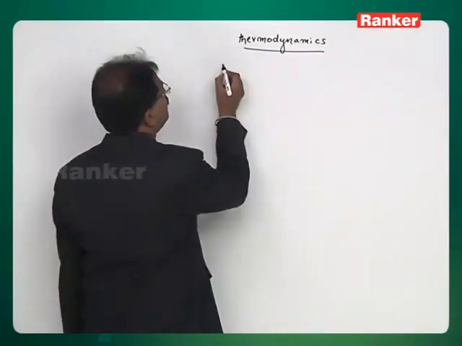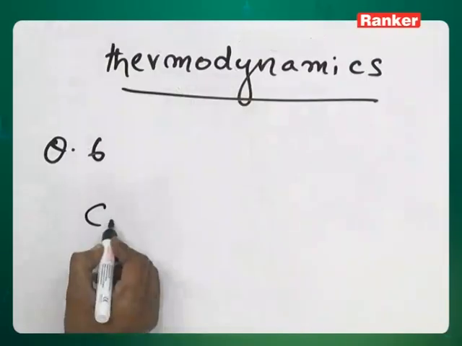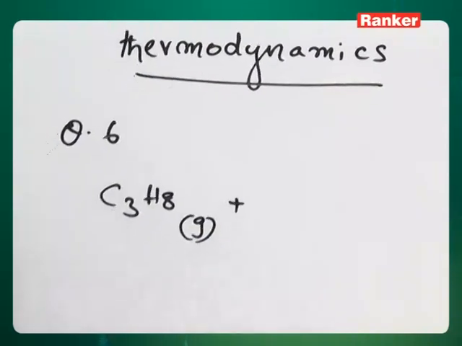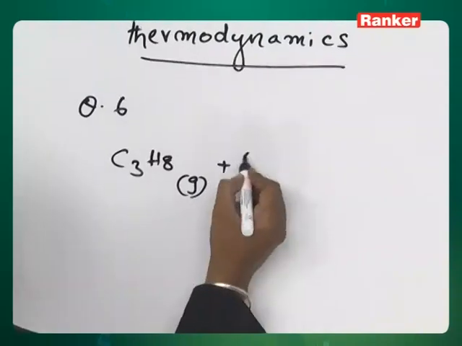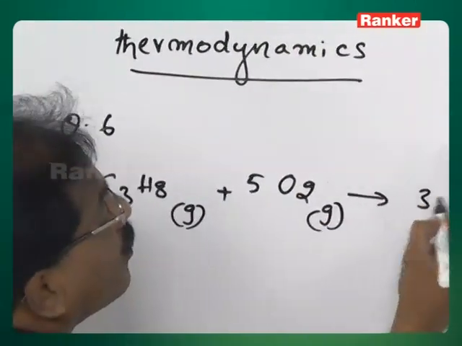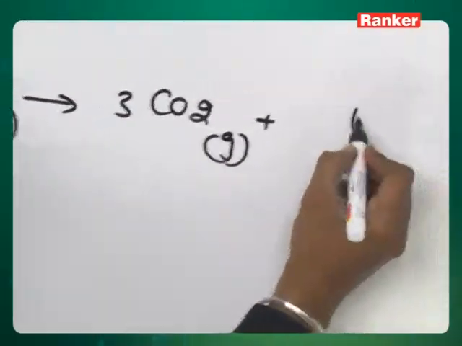Next, question number 6. For the given reaction, I will represent the reaction first. C3H8 in the gaseous state is undergoing combustion to give carbon dioxide and water.